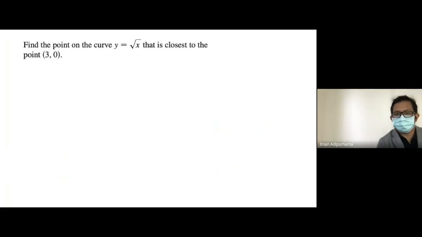If you calculate and find the value, maybe you can state the x value. What is the x value? Of course, the y value will be the square root of that x, right?